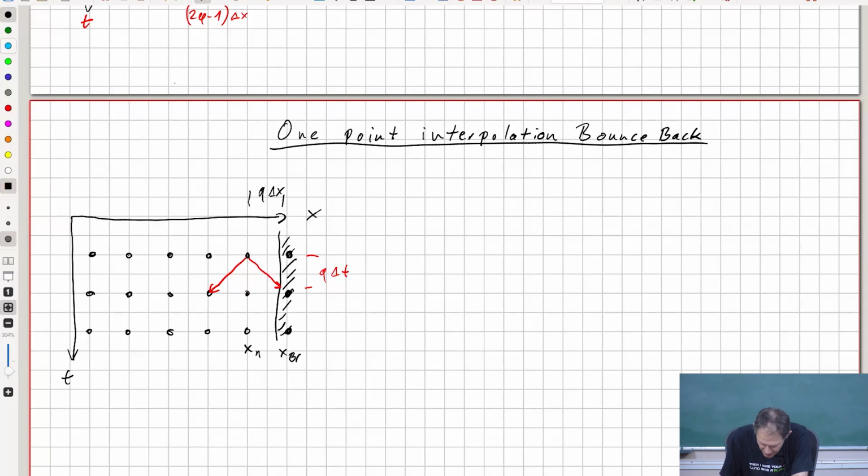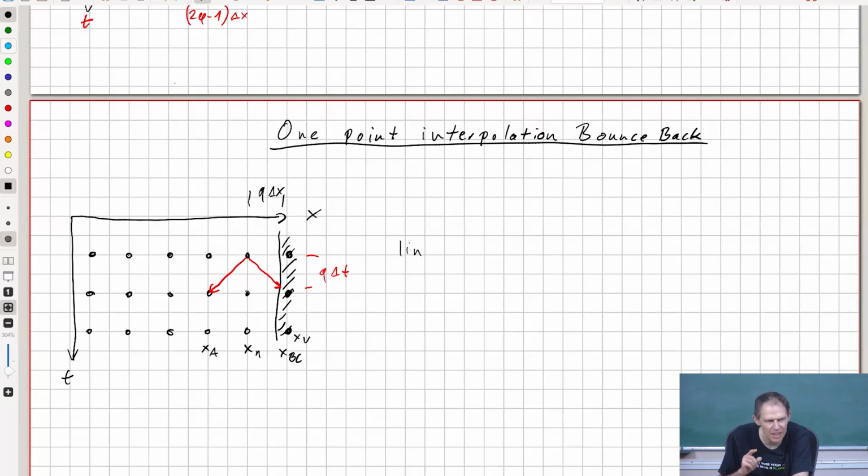Let's call this here xbc, so this is the position of the boundary. And this here I just call xa. And the node here I'll call x virtual, because it is a node inside the wall. What we do now, instead of interpolating just in space, is we use linear interpolation along the characteristic.